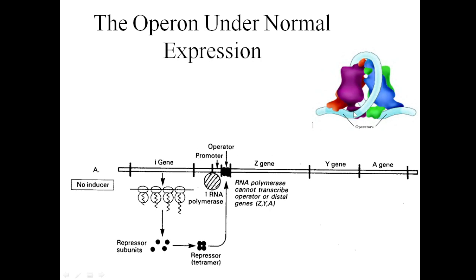The operator is a short part of DNA which can bind a molecule of repressor. The repressor can be active or inactive. If the repressor is active, it binds to the operator and prevents transcription.